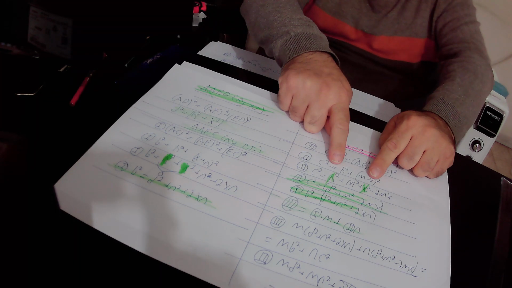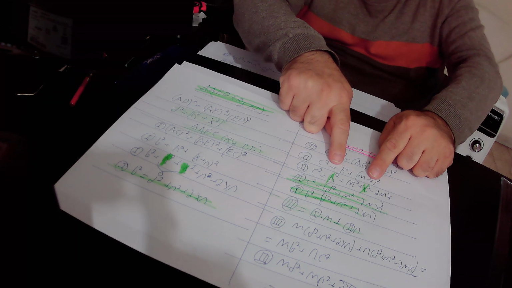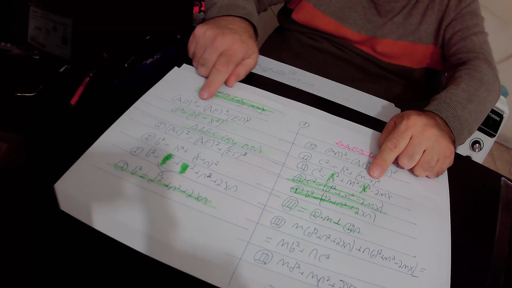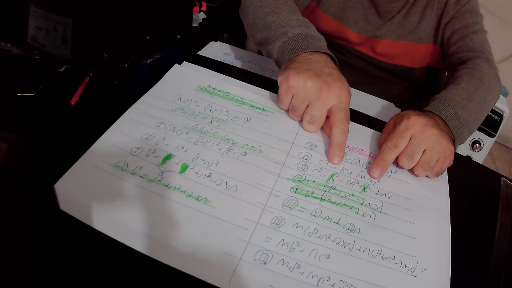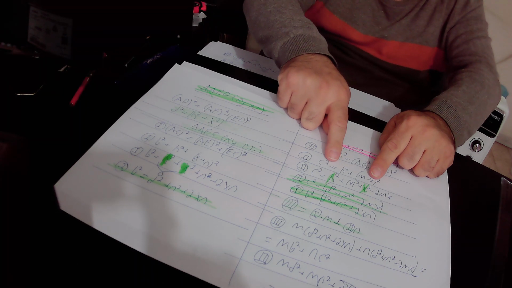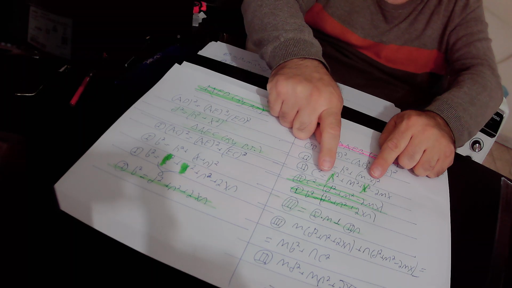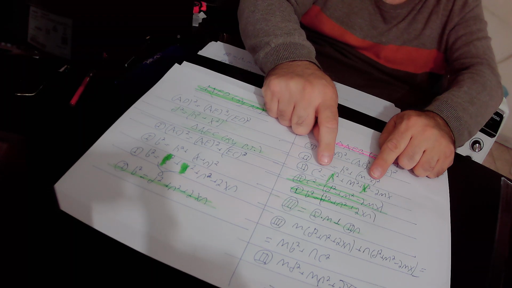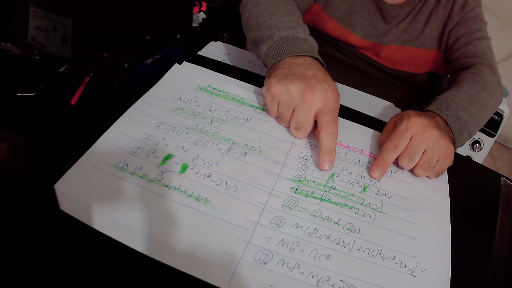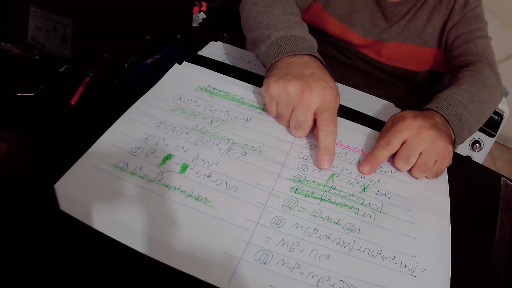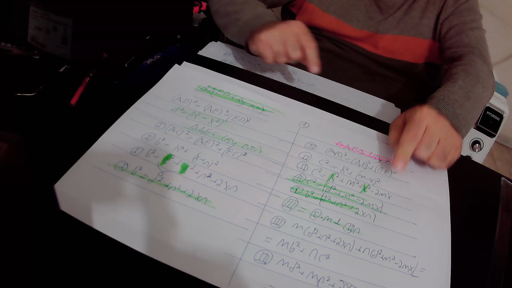And we have here H squared plus X squared equals D squared. Therefore, we substitute H squared plus X squared in this equation number 2 by D squared, and we found out that C squared equals D squared plus M squared minus 2 times MX.